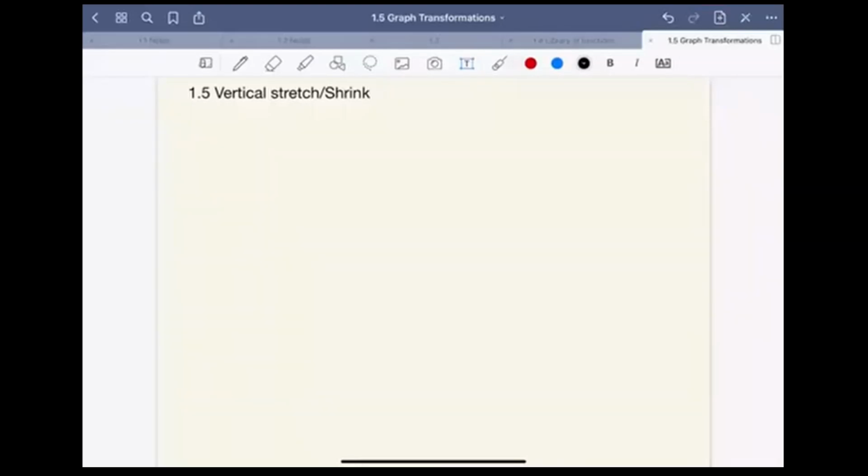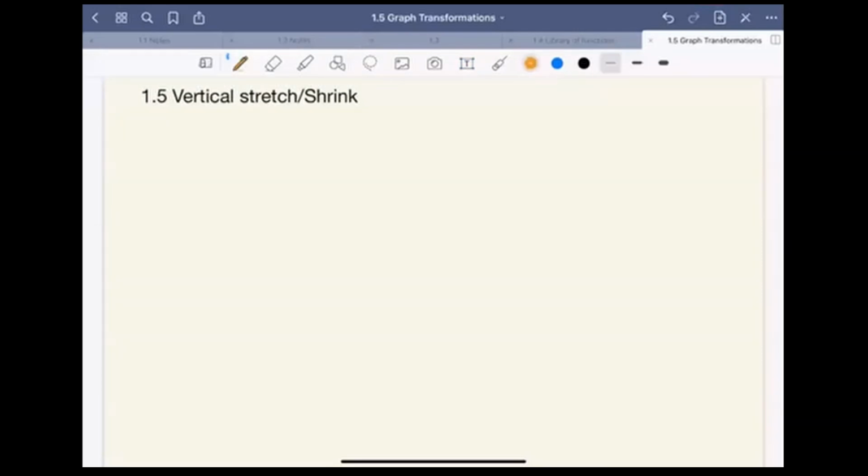Ladies, too. Welcome back. We're doing vertical stretch and shrink. Okay, vertical stretch and shrink. So what this is, I'm going to actually talk about it a little bit more in the abstract sense first.